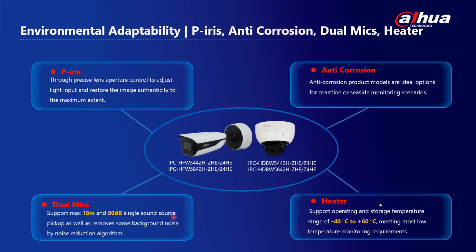The other function or feature is basically the heater function. This supports operating and storage temperature ranges as low as -40 degrees Celsius to up to high temperature at 60 degrees Celsius, so meeting most low temperature monitoring requirements.